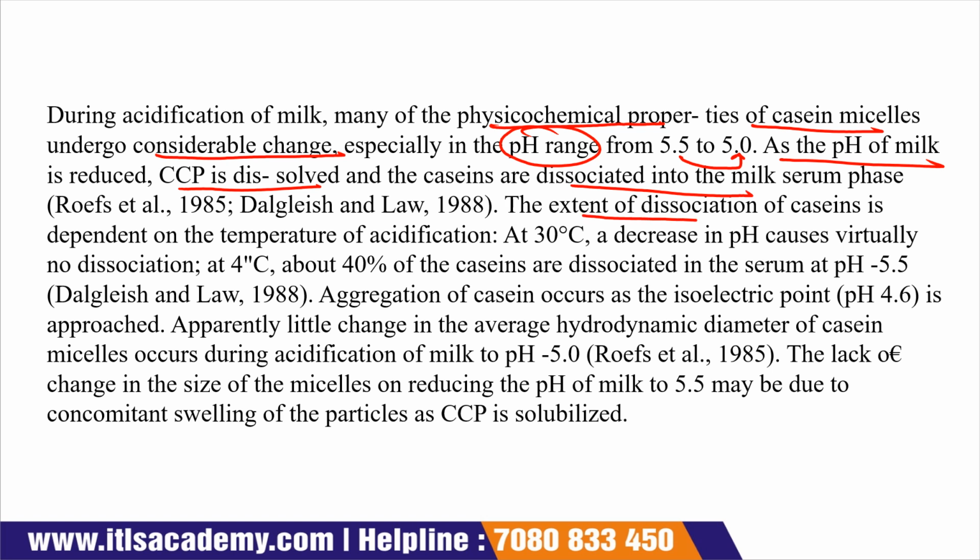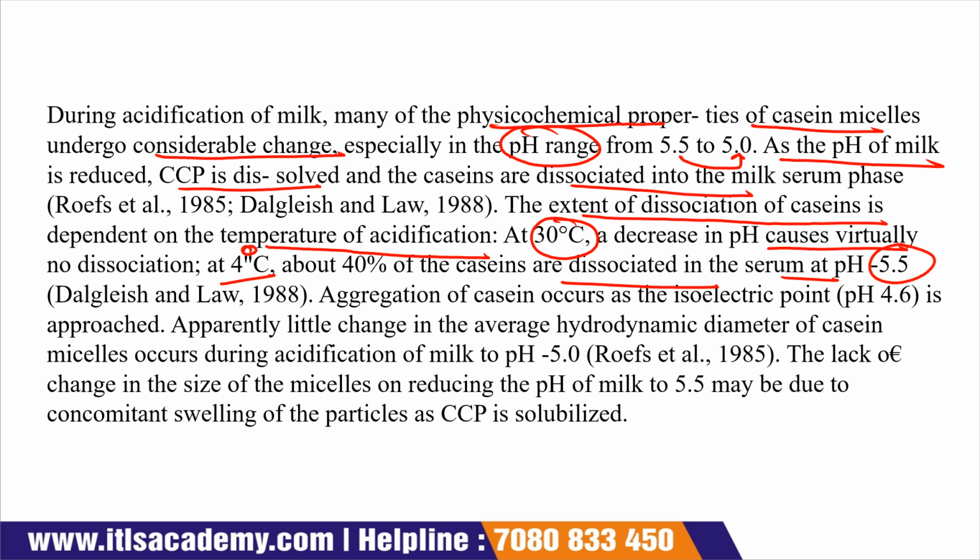The extent of the dissociation of the caseins totally depends upon the temperature of acidification. Suppose the temperature is 30 degrees Celsius, then as the pH decreases, there is virtually no dissociation. Now at 4 degrees Celsius, about 40% of the casein is dissociated into the serum at pH 5.5.